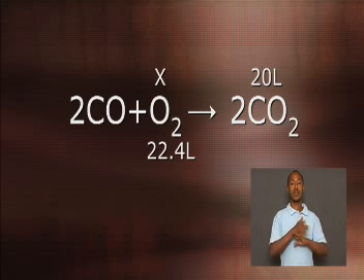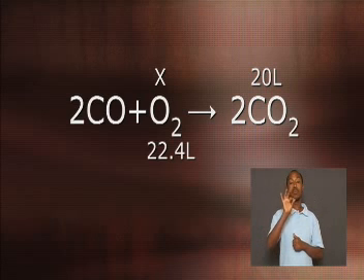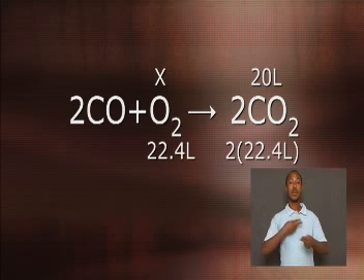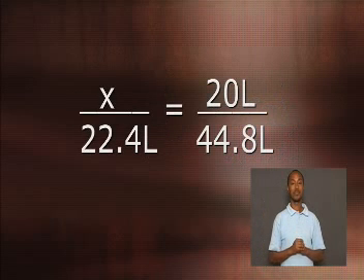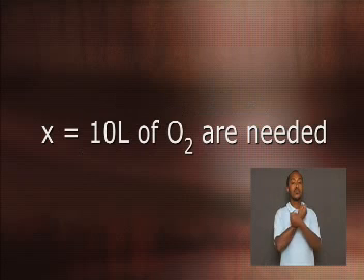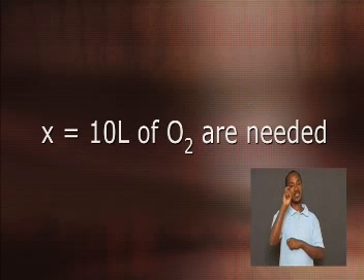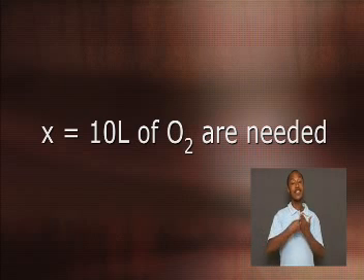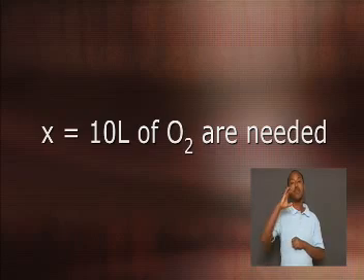Then we write the total molar volume, which is 22.4 liters, multiplied by any coefficient below the formulas. This step is followed by setting up the proportion. Then we solve for the unknown volume X. In this case, 10 liters of oxygen are needed to react with carbon monoxide to produce 20 liters of carbon dioxide.